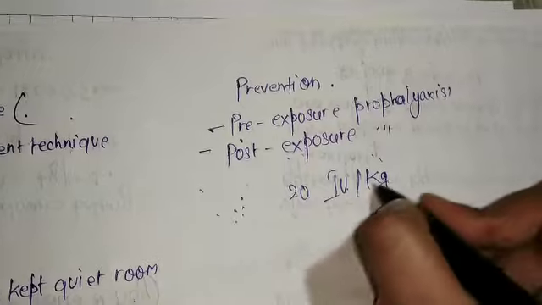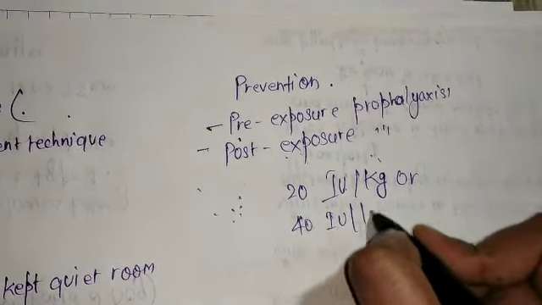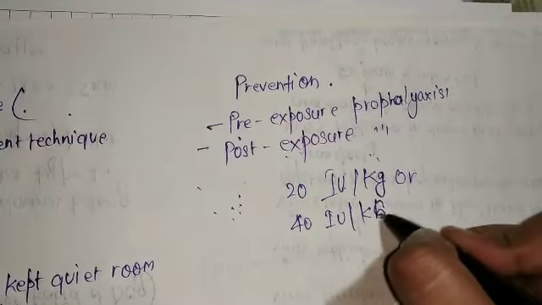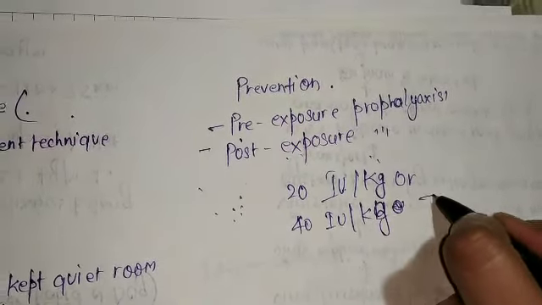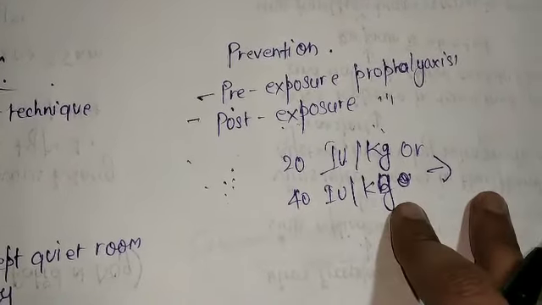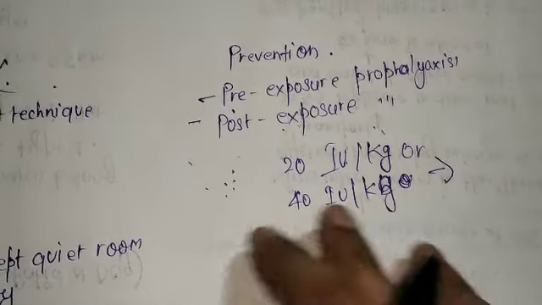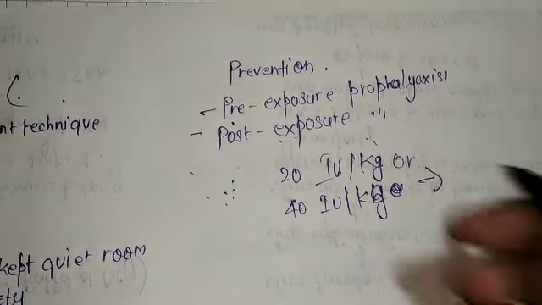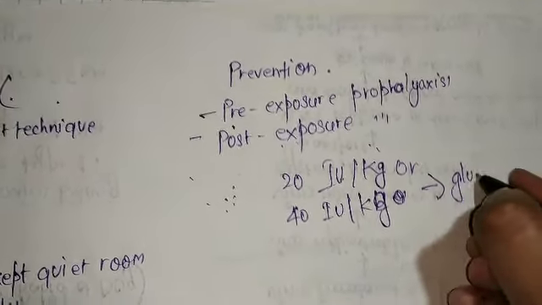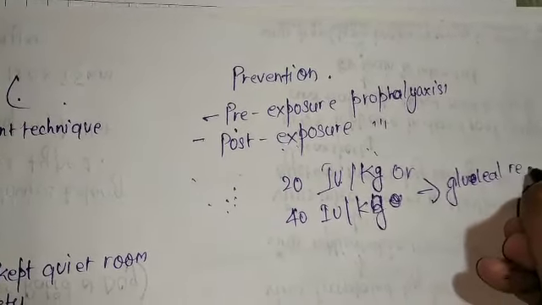Half of the antibody or immunoglobulin should be administered intramuscularly, not intradermally, in the gluteal region.